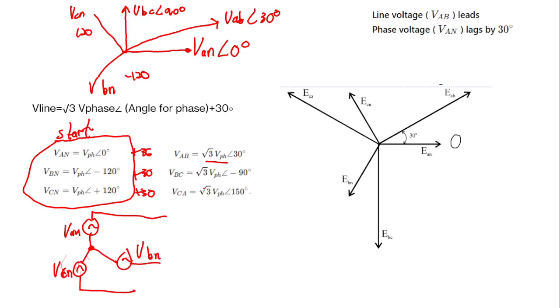The next angle will be on the next side, since this section on top is negative. Yeah, correct. Good eyes. I'll leave this here for VCA. So this will be here. It'll be 120 and then plus 30 will be 150.